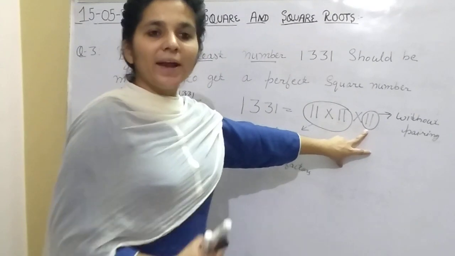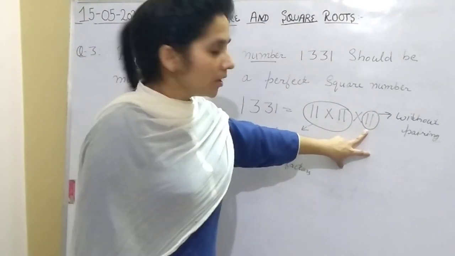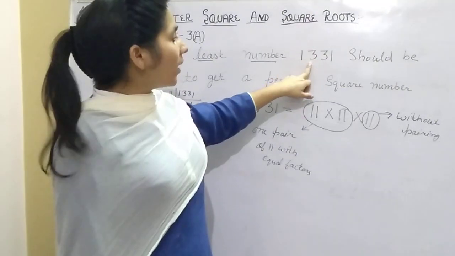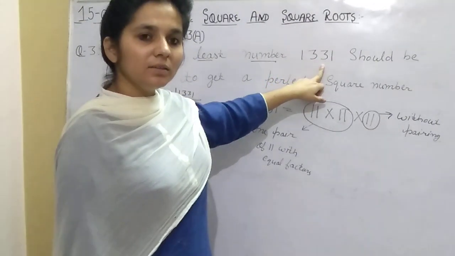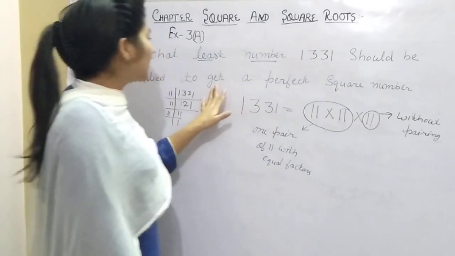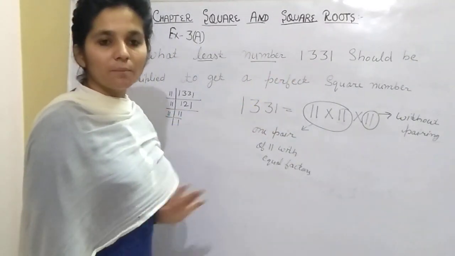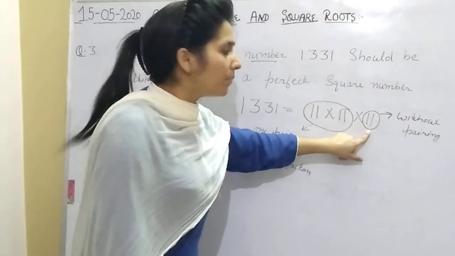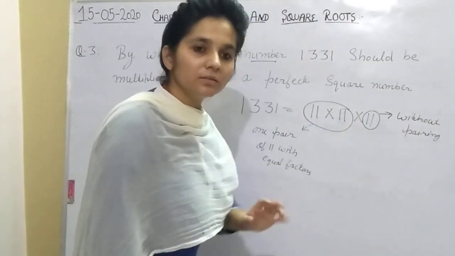So find the least number that should be multiplied by 1331 to make it a perfect square number. There is one number, 11, without pairing.